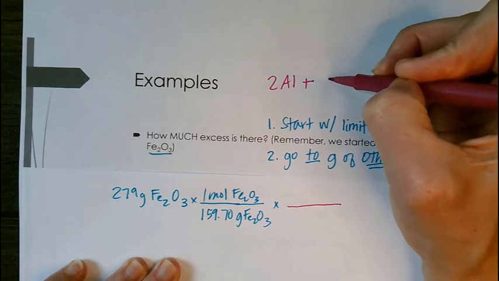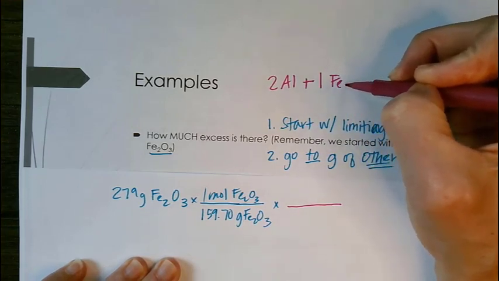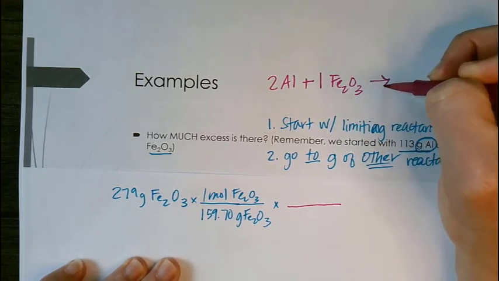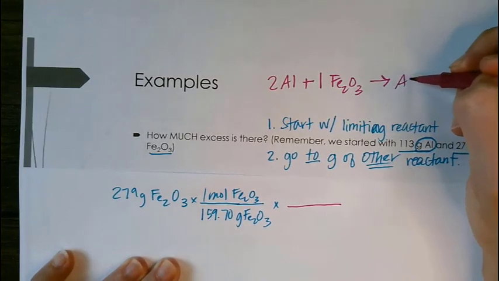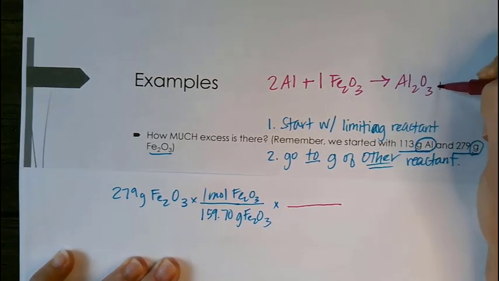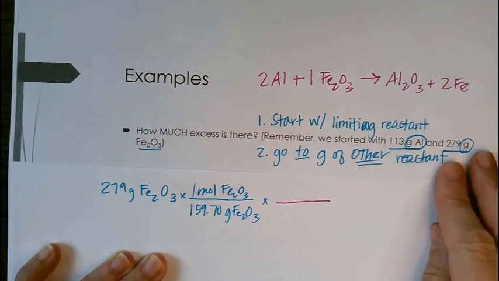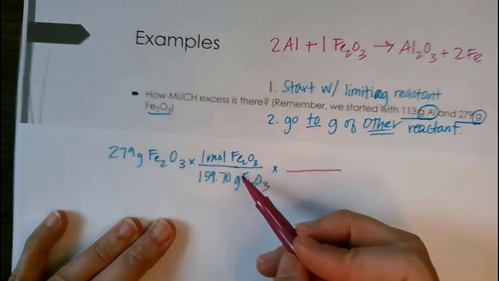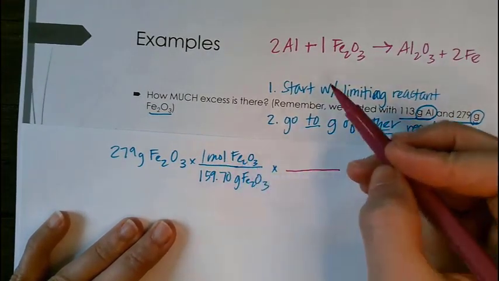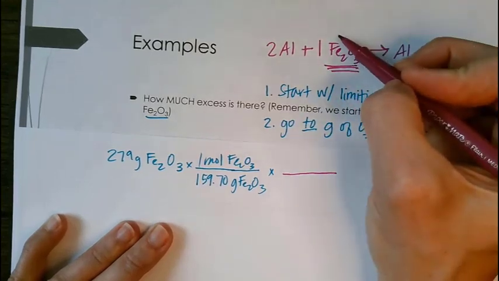And if you go back to that slide that has our equation on it, it's 2 aluminum plus 1 Fe2O3 combined to create Al2O3 plus 2 Fe. This was our reaction that we're working with.